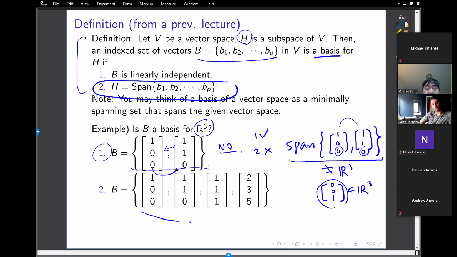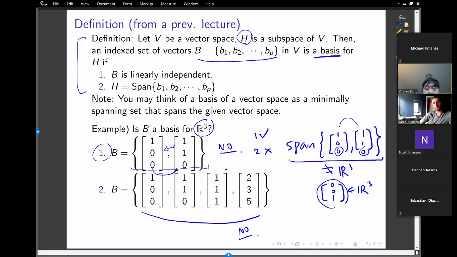Okay. What about this one? Can this be a basis for R3? Yes, I mean, no. That's what I meant. Yeah, of course. Yes means no, right? Okay. Why is the answer no? Is it because of the 2, 3, 5 vector?